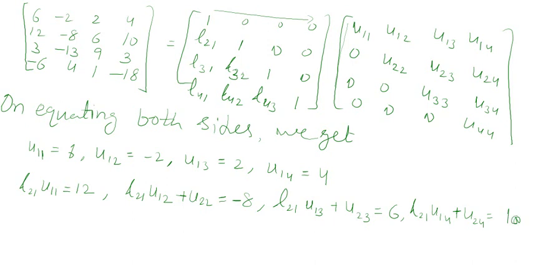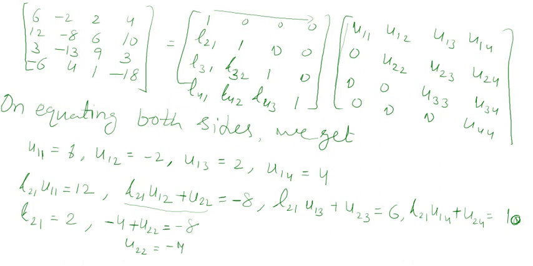From the U11 value obtained from the first row, this gives L21 equals 2. With L21 and U12 known, L21 is 2, U12 is minus 2, so minus 4 plus U22 equals minus 8. So U22 equals minus 4.